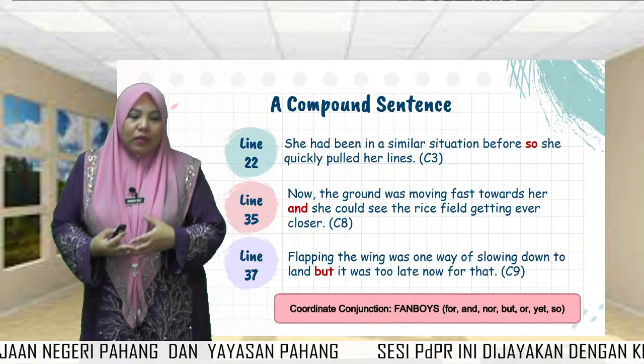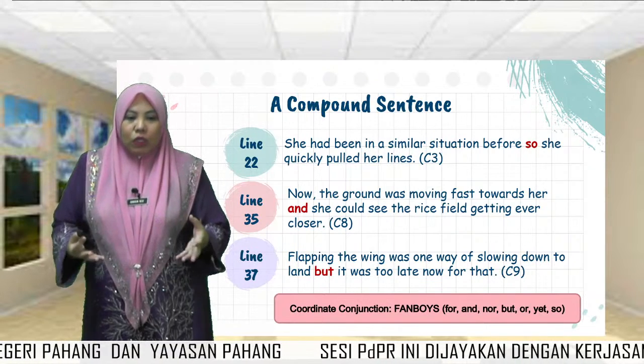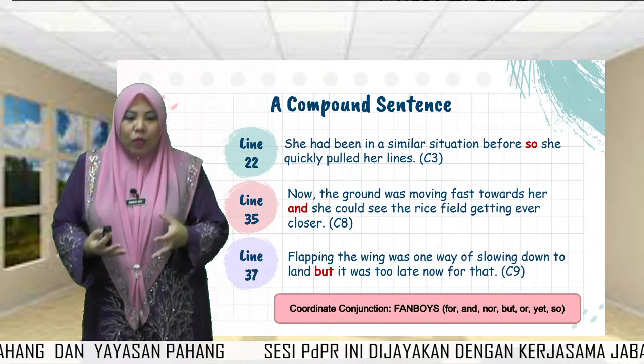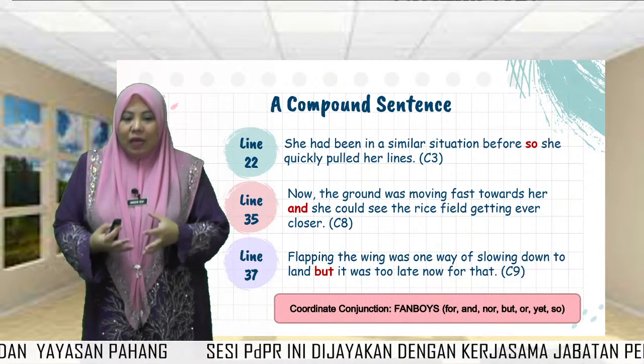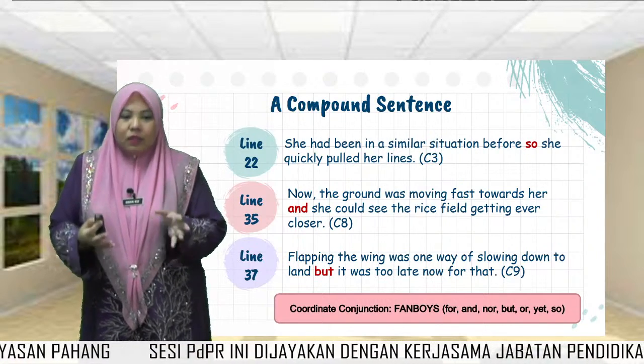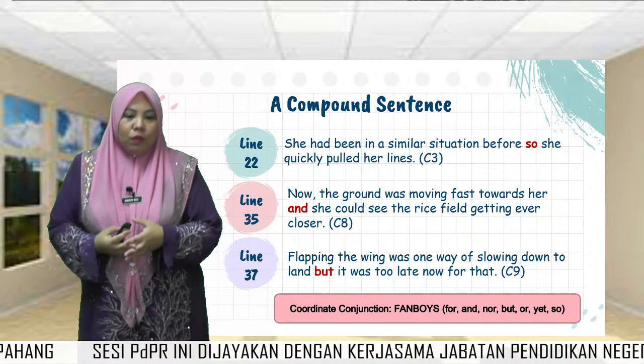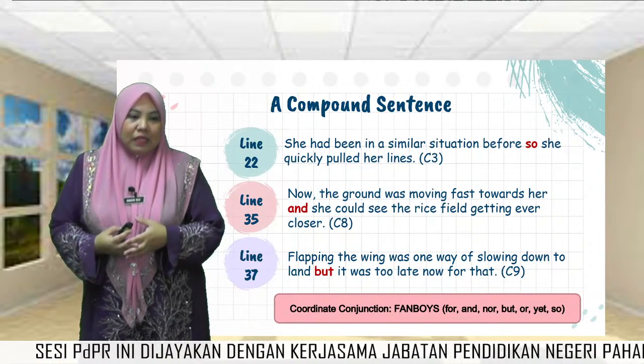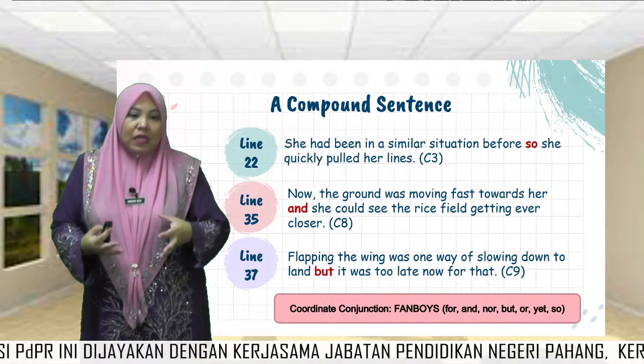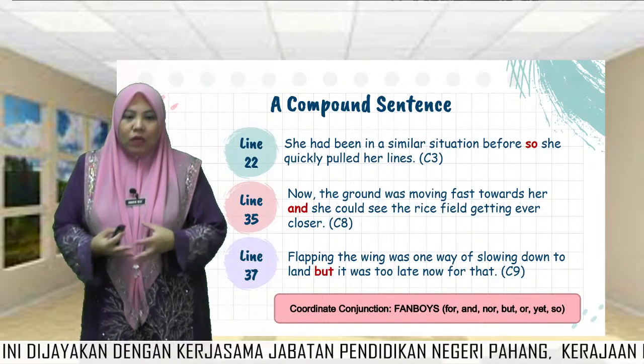Whereas the third one, in line 37, you will see flapping the wing was one way of slowing down to land, but it was too late for that now. So you have 3 separate sentences which you can find in the passage which show a compound sentence.